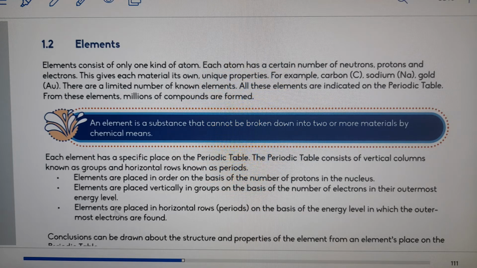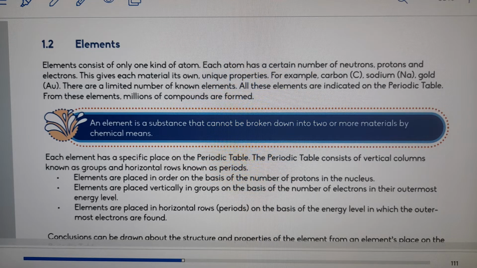And they say elements are placed in horizontal rows, which means periods, on the basis of the energy level in which the outermost electrons are found.